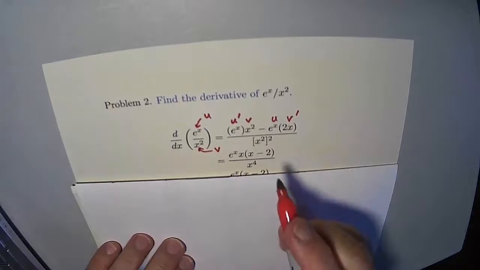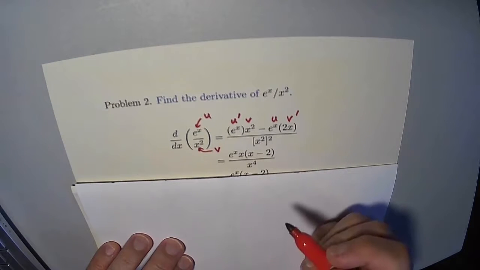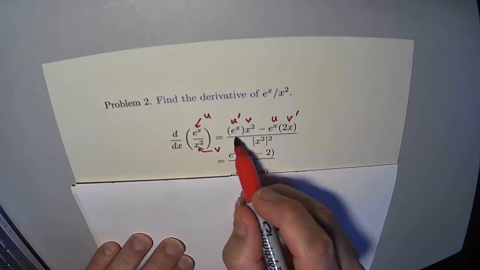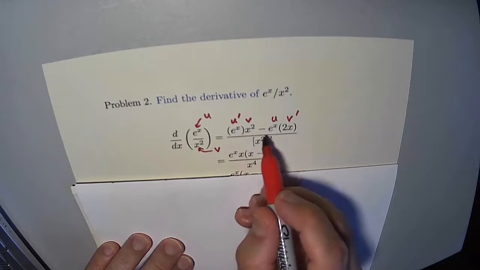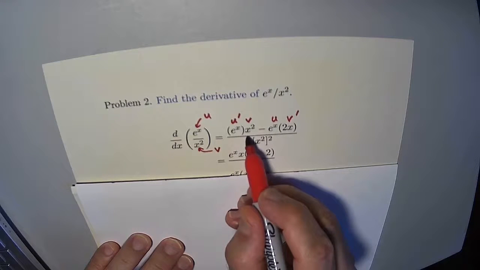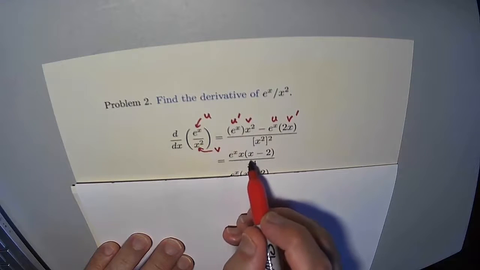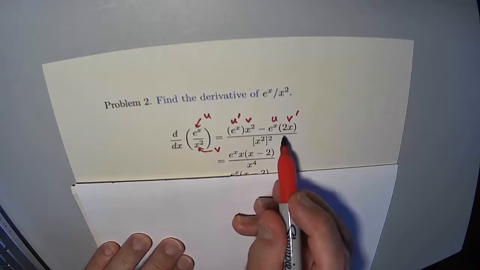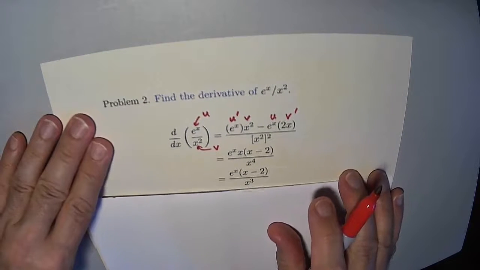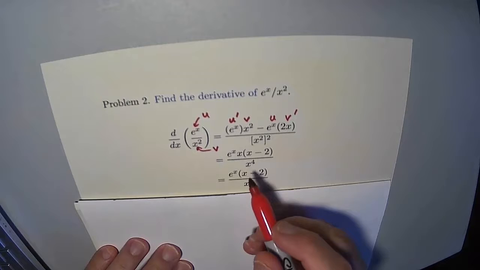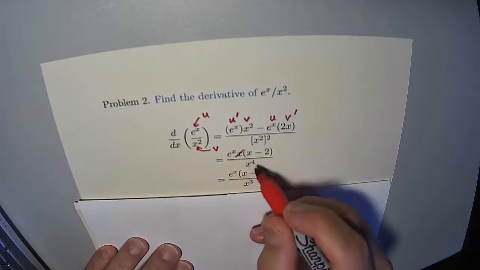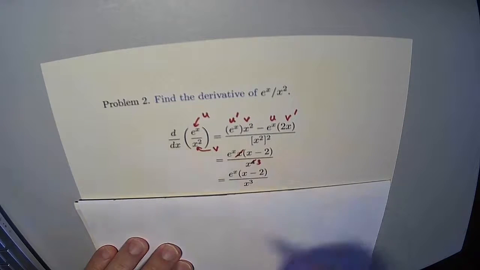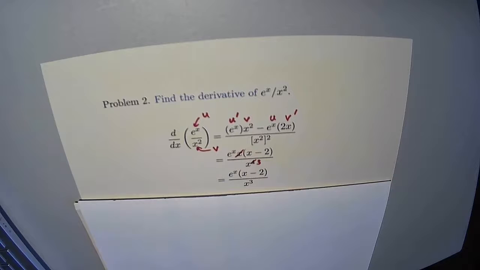Now, squaring x squared gives us x to the 4th. On top, I have a common factor not only of e to the x, but also an x. Pulling that out leaves me with x minus 2 in the numerator, and then I can even cancel out an additional x and get the final answer simplified.